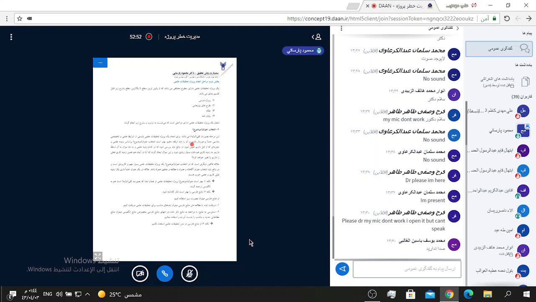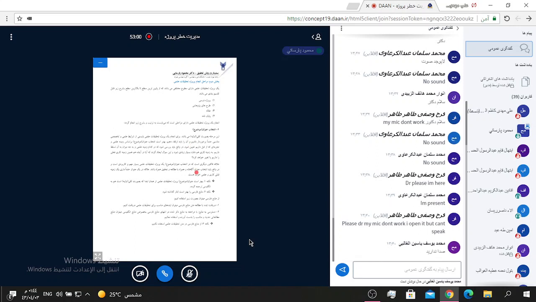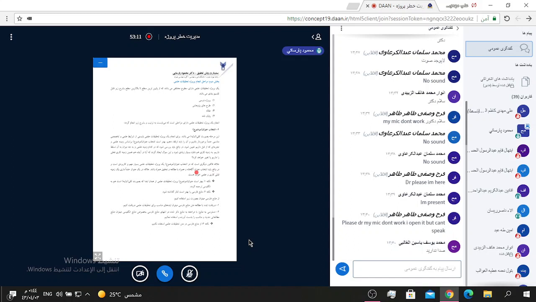And part number 3 is the aims or objectives of that research. And your title in the first step must be clear, must be complete, and must be brief.